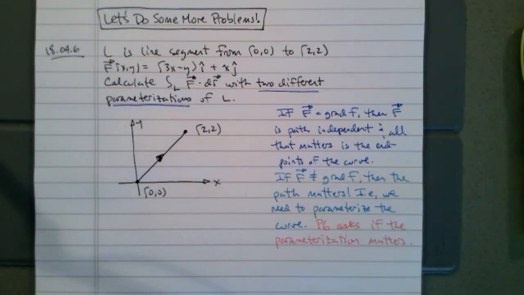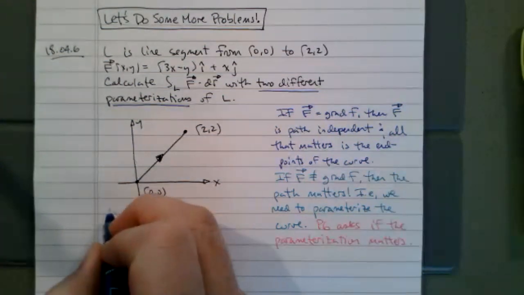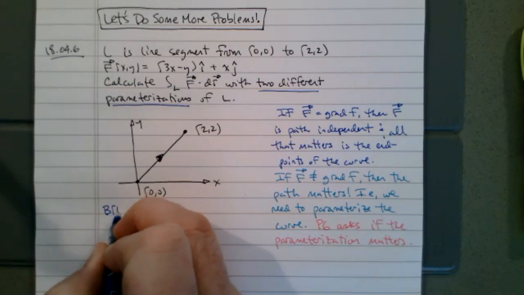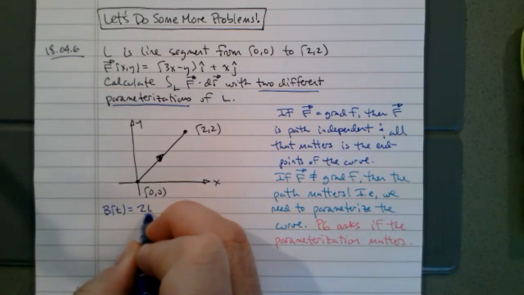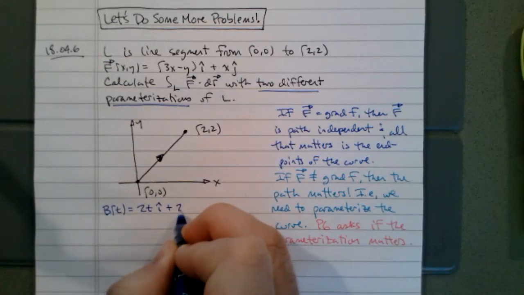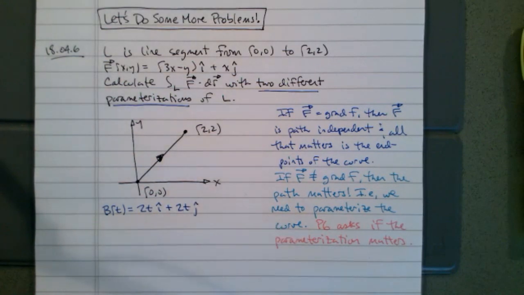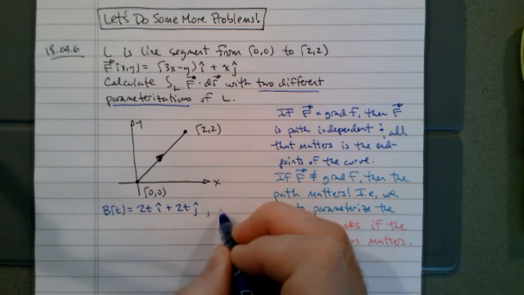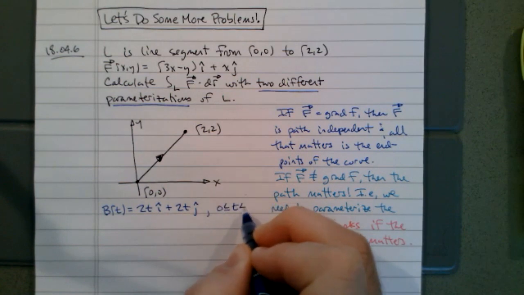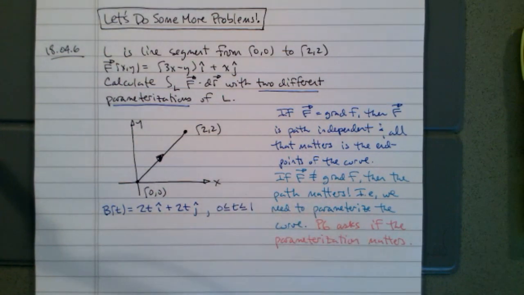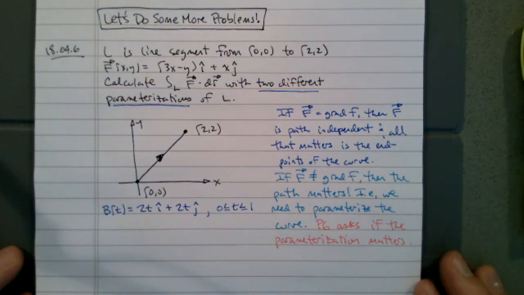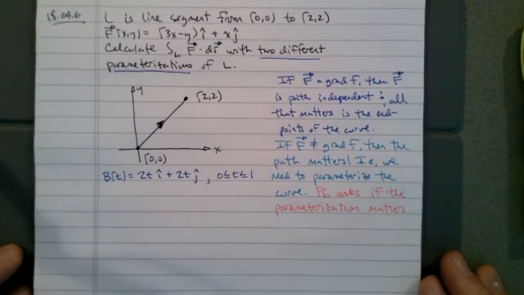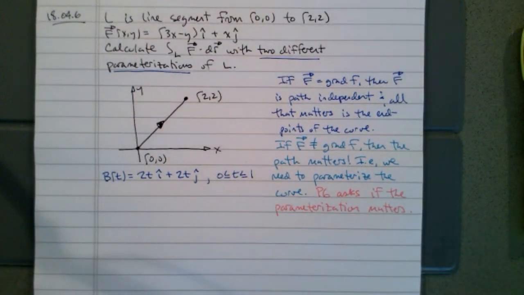They suggest a couple of parameterizations. One of them is b(t) = 2t i + 2t j, for t between 0 and 1. We should make sure that this parameterization does what we intend.